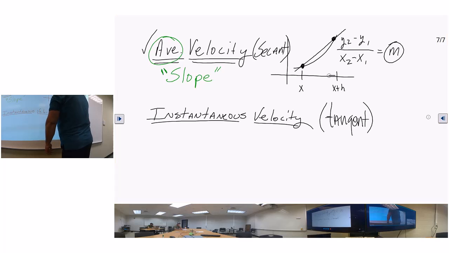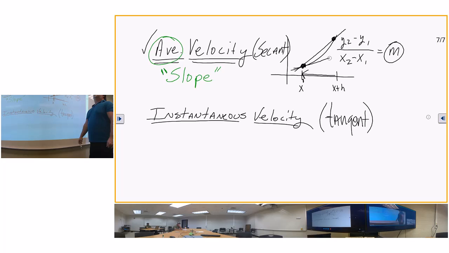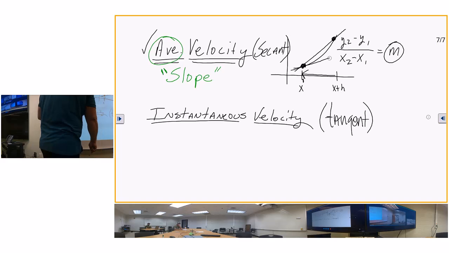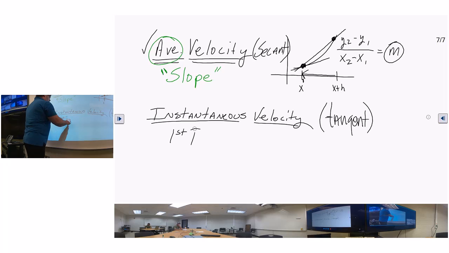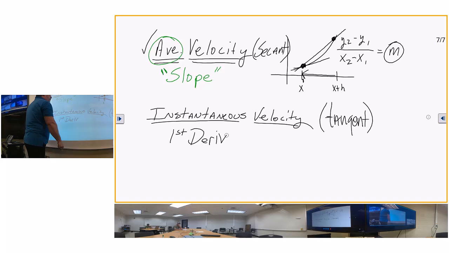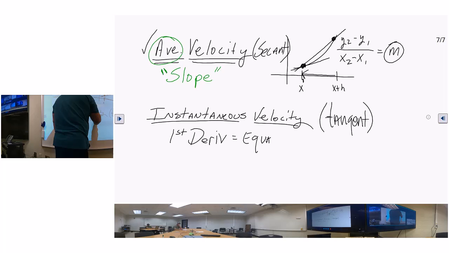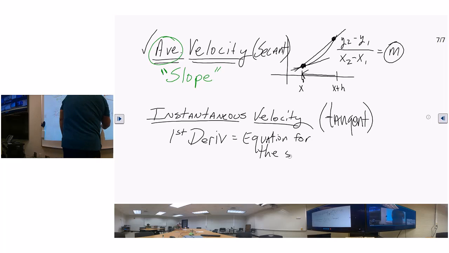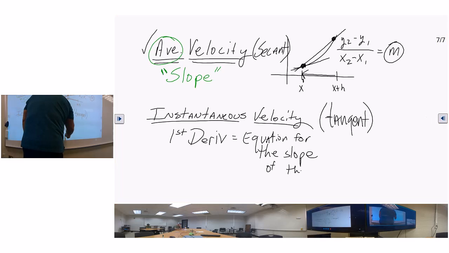H. H goes to what? 0. And that secant line becomes the what? Tangent line. So the instantaneous velocity, where the average velocity is the slope, the instantaneous velocity is the first what? First derivative. Which means that it's the equation for the slope. And I'm doing this over just for a reason. Of the what line? Of the tangent line.